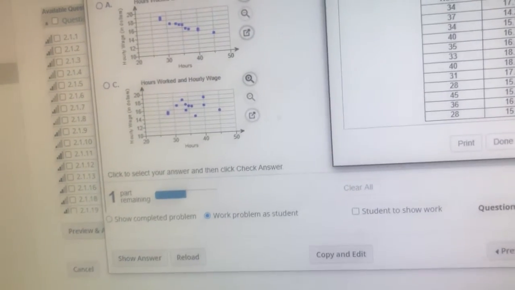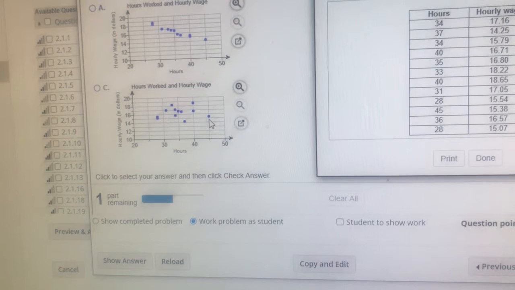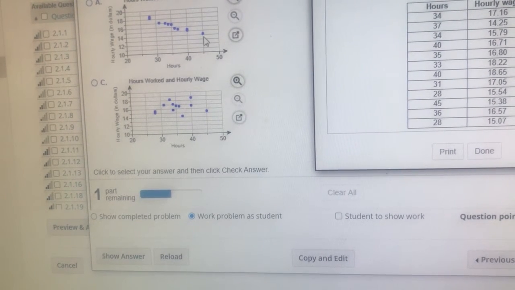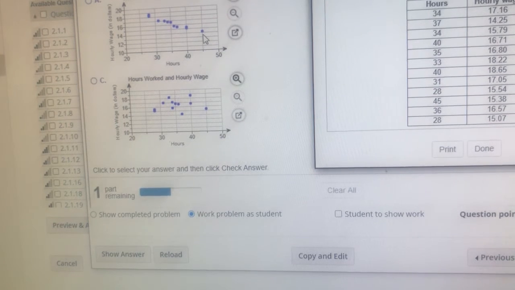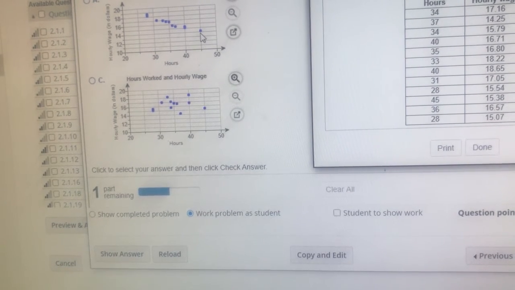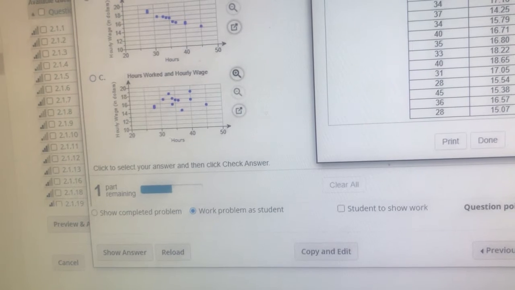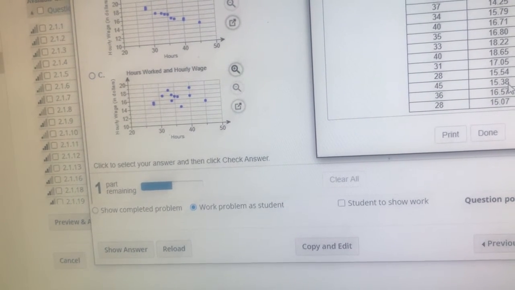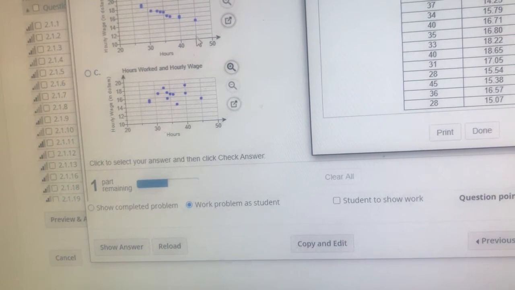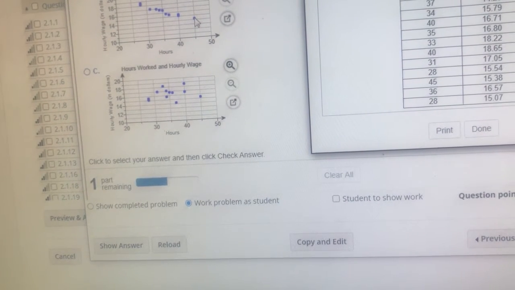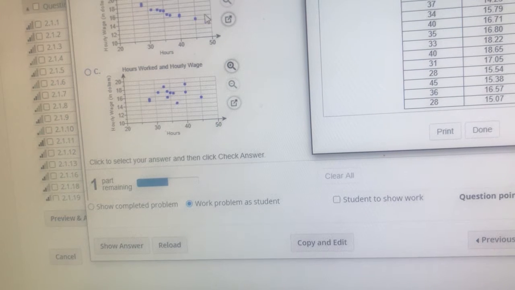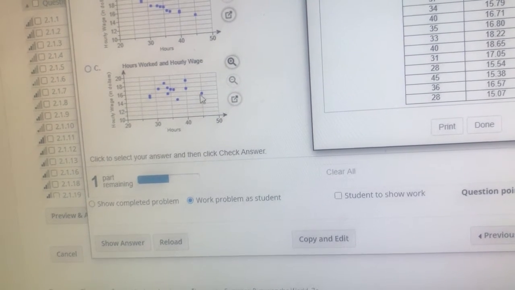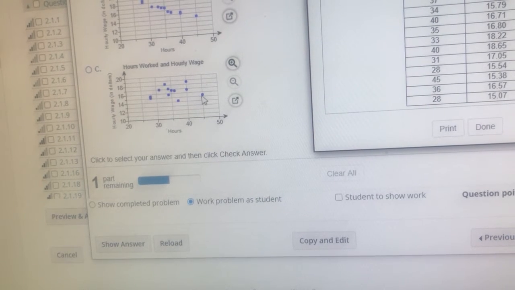And over here, at 45 it's a little above 14. So let's look at 45 hours. Right here, 15.38. This is not right, this would be 15. I'm thinking it's right here. At 45, see how it's 15? I think that's the answer right there.